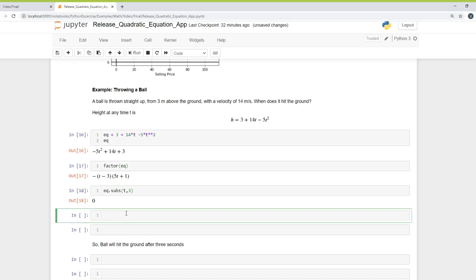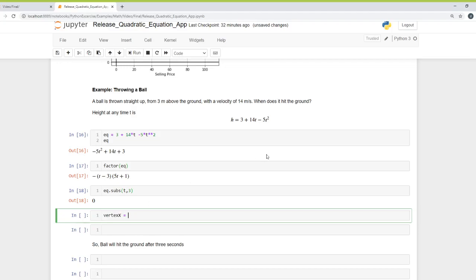Now we want to calculate at which time the value of height will be maximum. For that we have to calculate the vertex of this equation. To do that, first get the vertex x. Vertex x is equal to minus b by 2a.